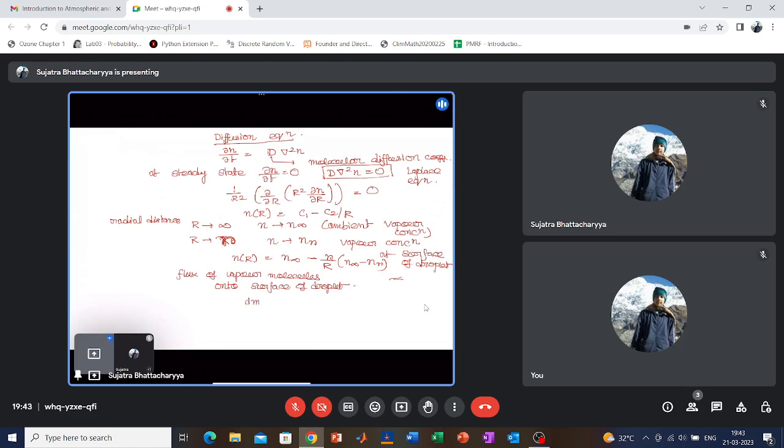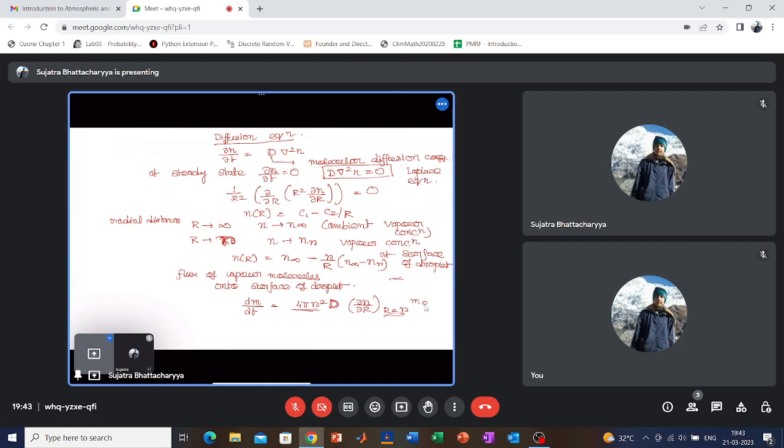See, this dm dt, the change in the mass, will be equal to 4 pi r squared D into del n by del r at r equal to small r, into m naught. Because this is the change in the concentration of the vapor molecules with the radial distance at the surface, into m naught gives the total amount of vapor molecules, times the surface area of the droplet and the diffusion coefficient. That becomes the dm dt.